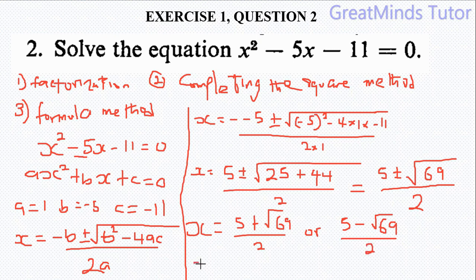If you use a calculator, you're going to have x equal to 6.65 or negative 1.65. So these are the roots of this equation. It has two roots because it's a quadratic function, so it's going to have two roots.